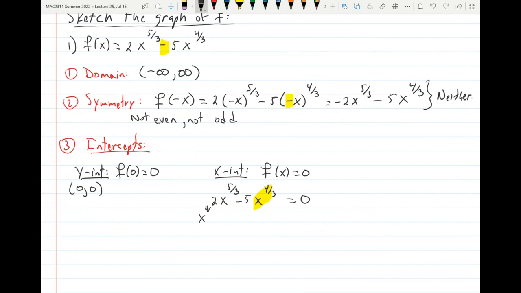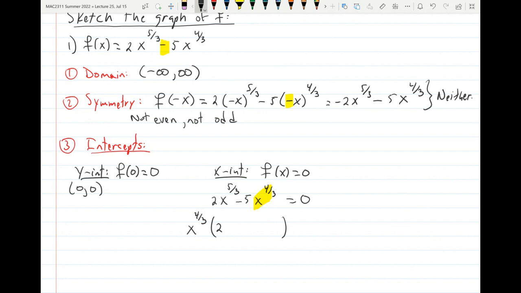so I'm going to factor out this term, okay? So I'm going to take out an x to the 4 over 3, and then let's see what's left if I factor this, okay? So let me actually go one line below. So I factor x to the 4 over 3, and let's see what is left. Remember, to factor means that you want to divide every term by this expression. That's how you know what's going to remain inside the parentheses. So the 2 stays. And then if I do x to the 5 over 3 divided by x to the 4 over 3, all you're doing is subtracting the exponents.